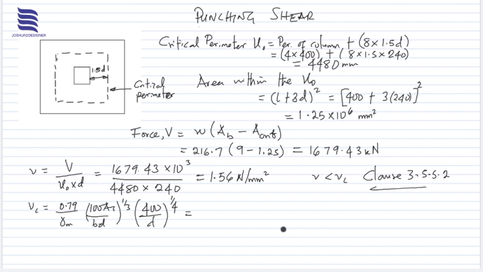Right, so with this you can get a value for your critical shear, your VC. Right, so this is from table 3.16. Table 3.16 also would give you the provision for shear.